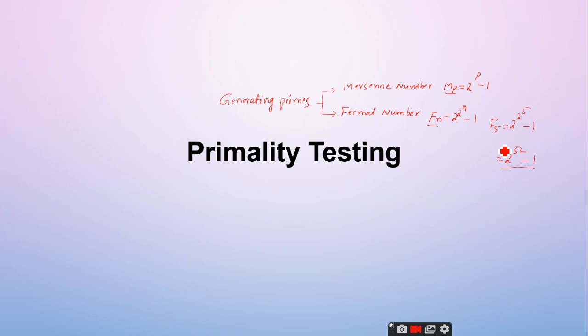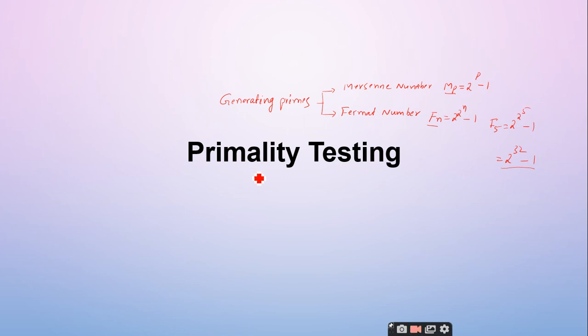Small numbers like F1, F2, F3, F4 are developed by this, and they are correct, they are prime numbers. But when coming to generating large prime numbers, the Mersenne number as well as the Fermat number failed, right?